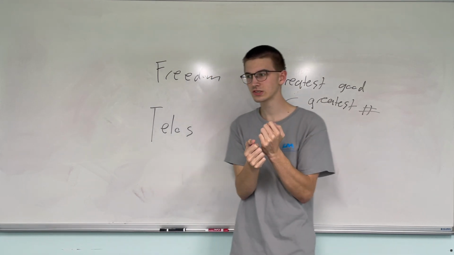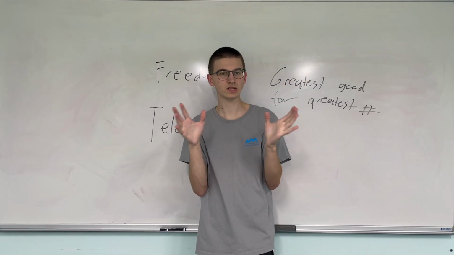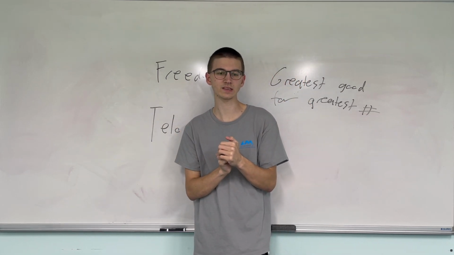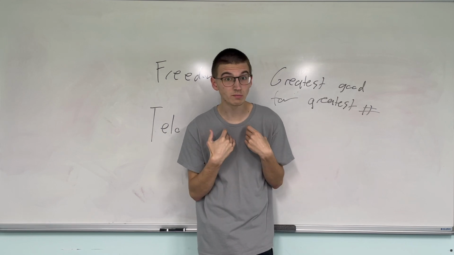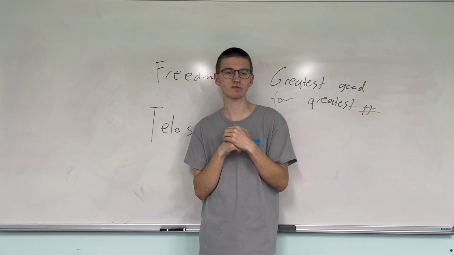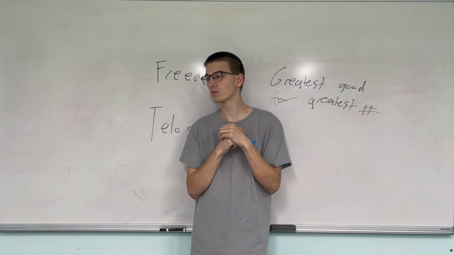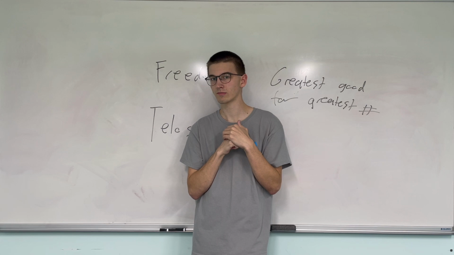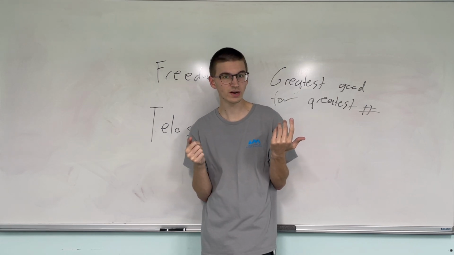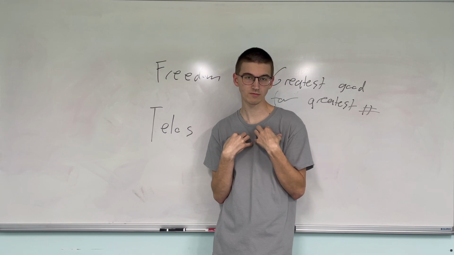Kant is trying to say, okay, you want to do such and such action because it is profitable, or because it makes you look good, or maybe even if it's giving to charity, you do it because it makes you feel good inside.